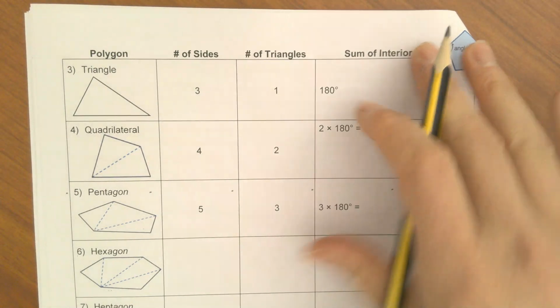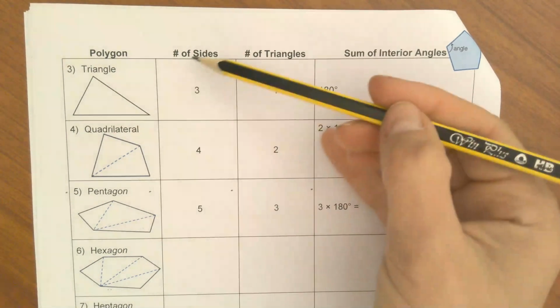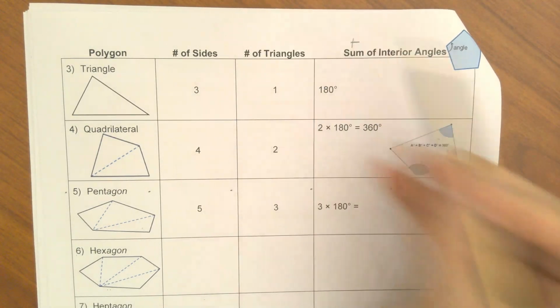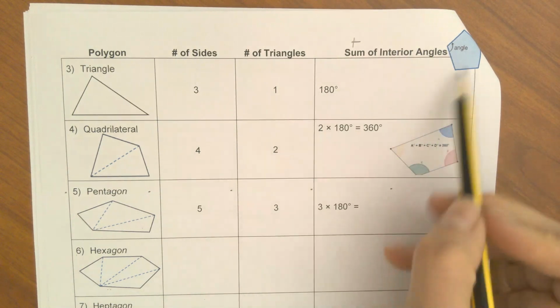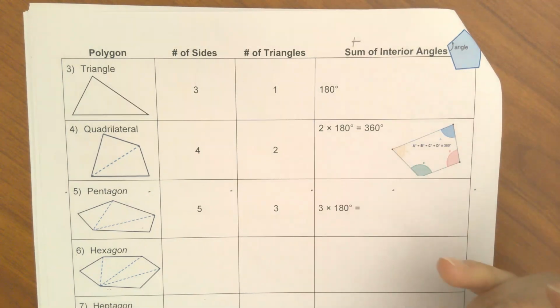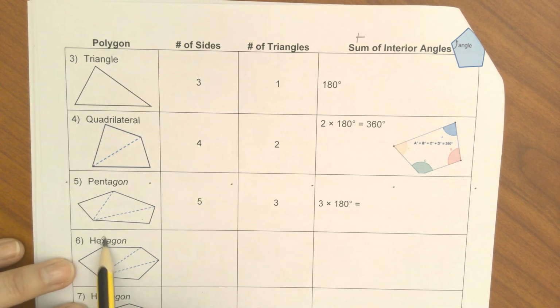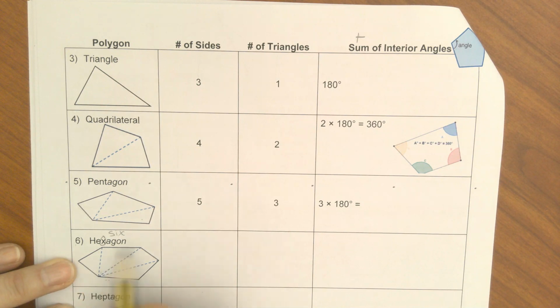Okay, so now, here's the polygon. The number of sides the polygon has, the number of triangles, and the sum. Sum means to add up all the inside angles. Okay, what's the total? So, hexagon has X, so it's 6 sides.